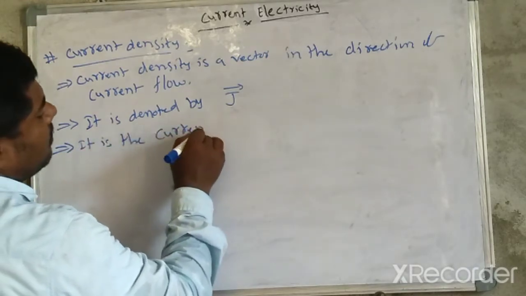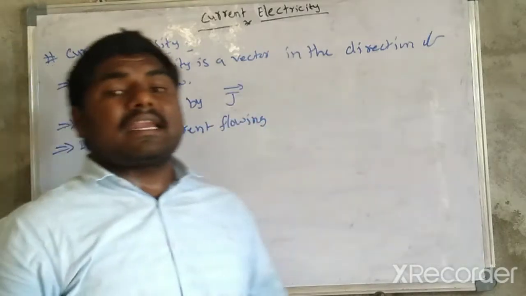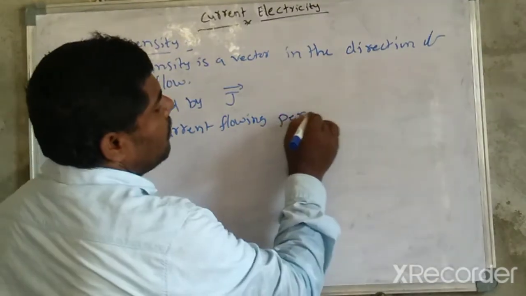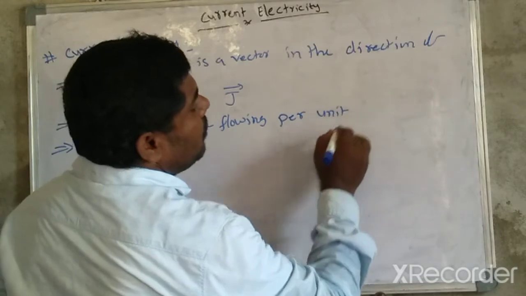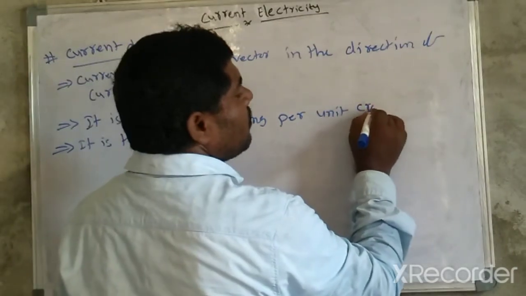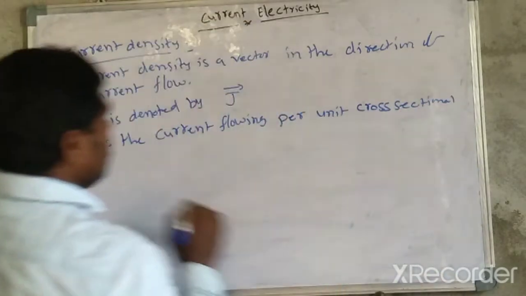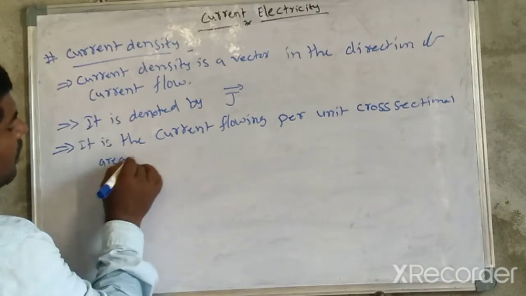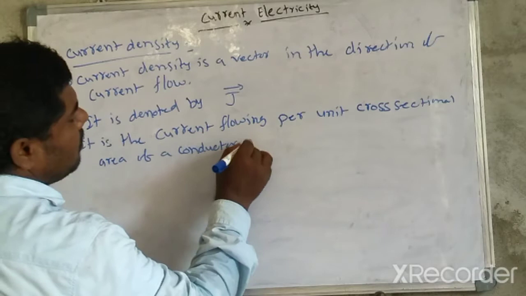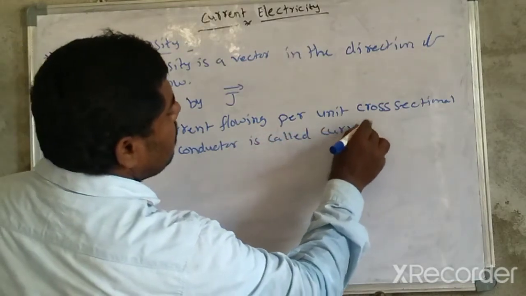It is the current flowing per unit cross sectional area of a conductor.